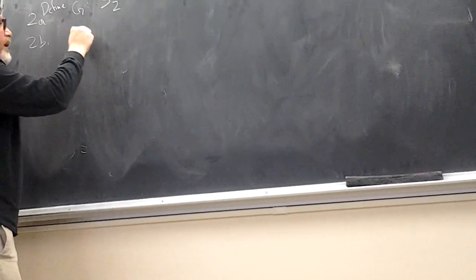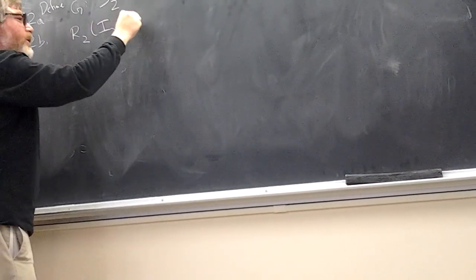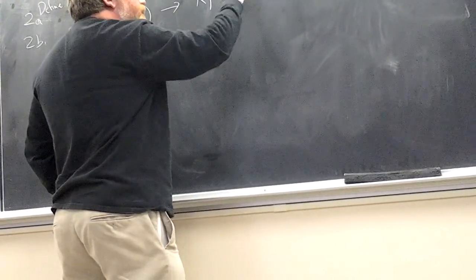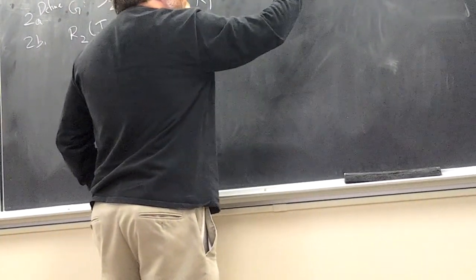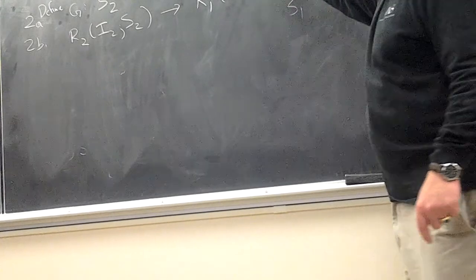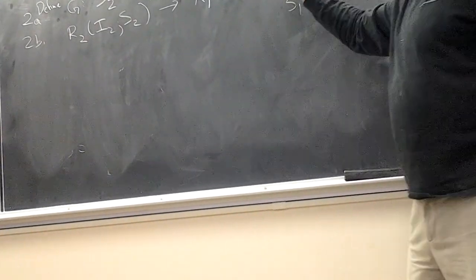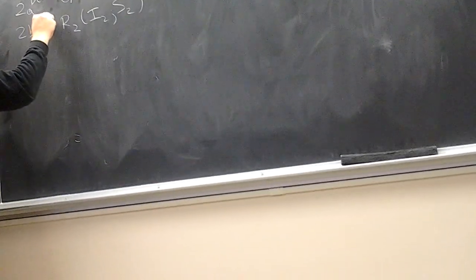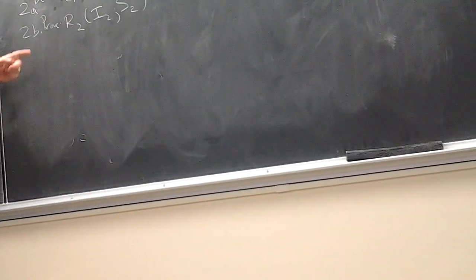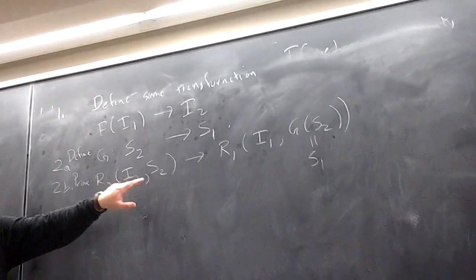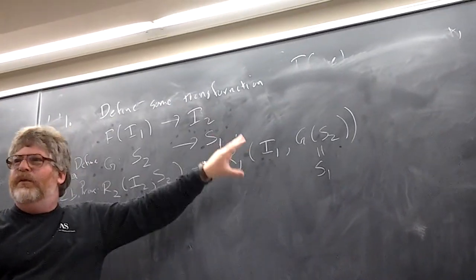So we need to show that if S2 is a valid solution in the sense of the second problem, then the S1 that we construct by the map G is a valid solution in the sense of the first problem. And for this, we need to actually remember what the constraints are here, list them all, know what we have to work with, and prove them one by one.